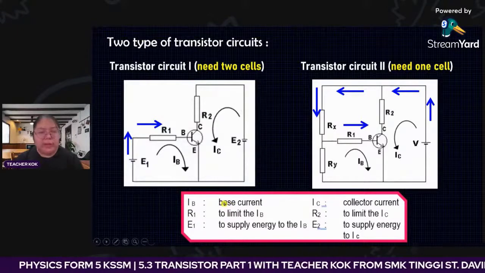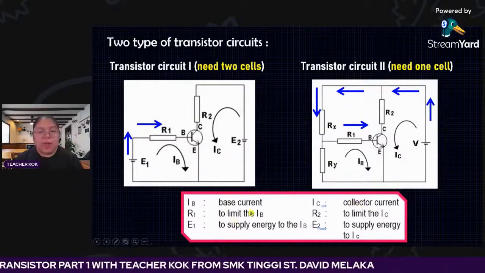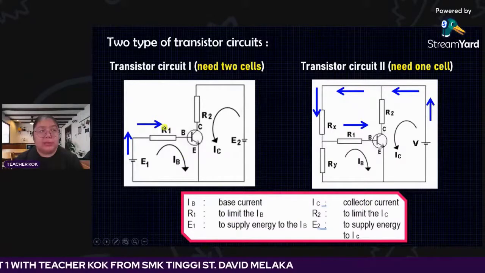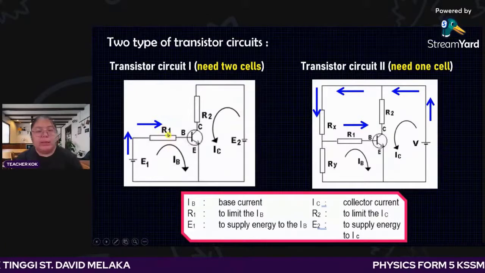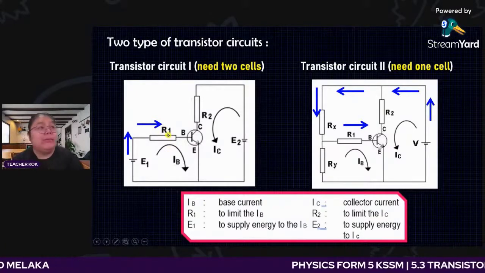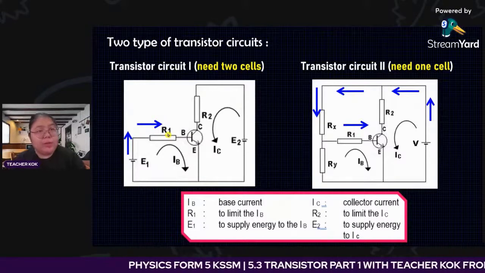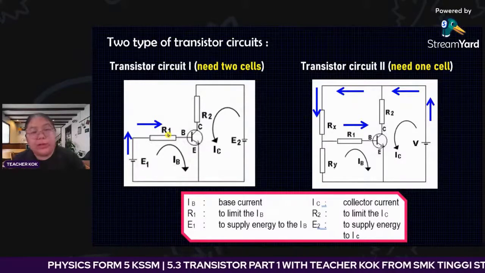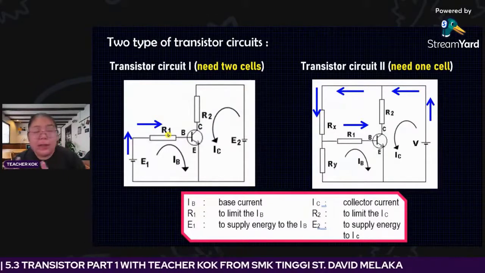IB is the base current. IC is the collector current. R1 is the base resistor. What's the function? Why put R1 here? R1 actually limits the current, so it doesn't become too large. Remember, current and resistance are inversely proportional. If I put resistance there, that means I block a little bit of current.